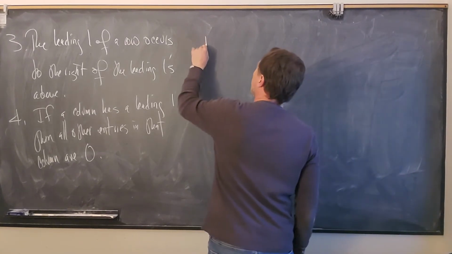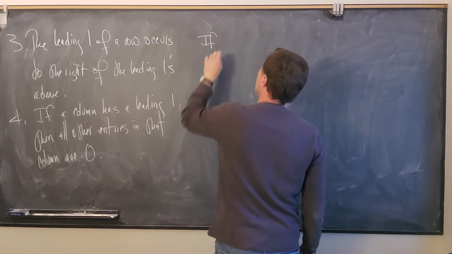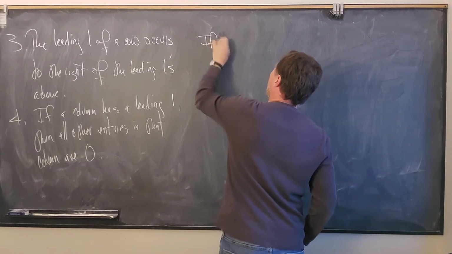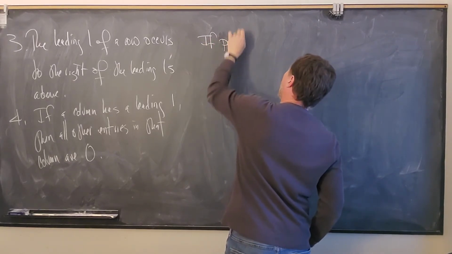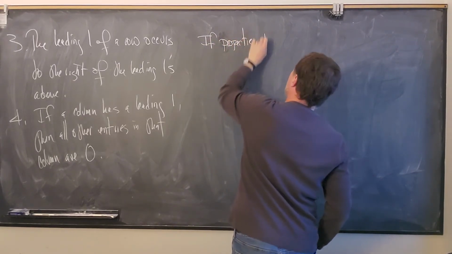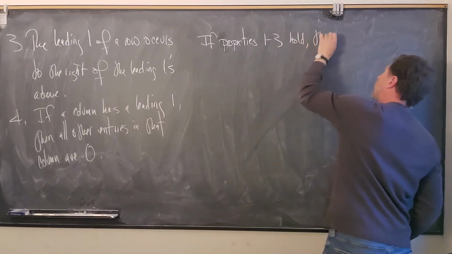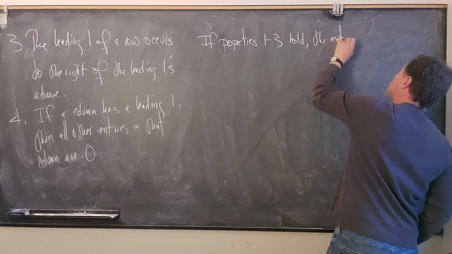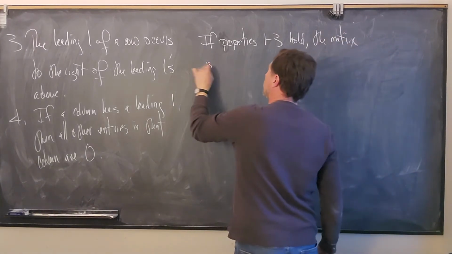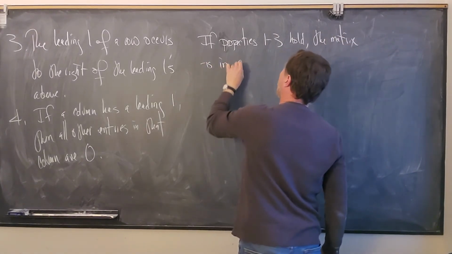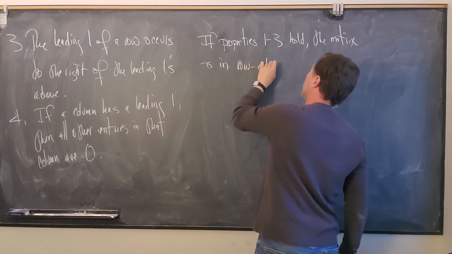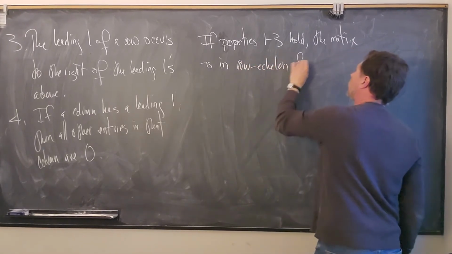So if properties 1 through 3 hold, the matrix is in row echelon form.